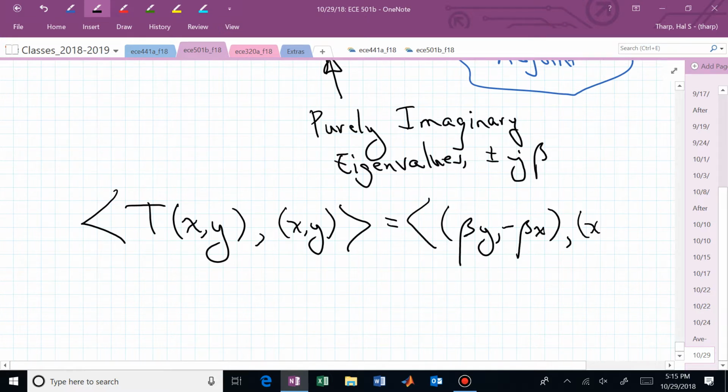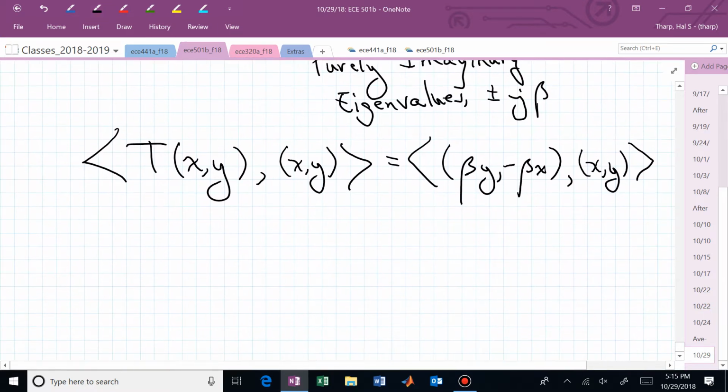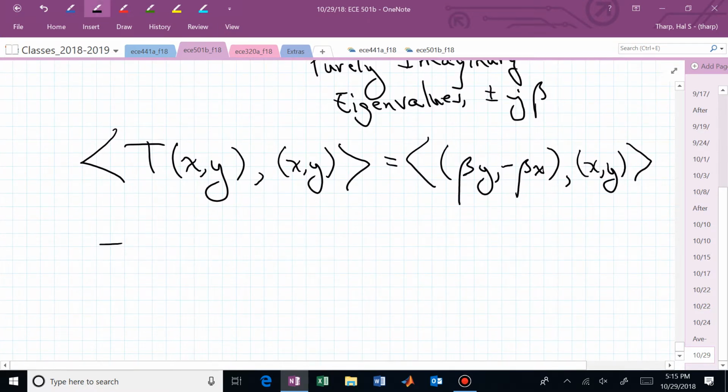And in the second slot, I haven't done anything. But now if I apply the Euclidean inner product to that, what do I have? I have the first components multiplied together added to the second components. Or I now have beta yx, and I'm dealing with real numbers, so I don't need to worry about conjugates, minus beta xy. But what is that? That's equal to 0 no matter what x, y, and beta started out being.